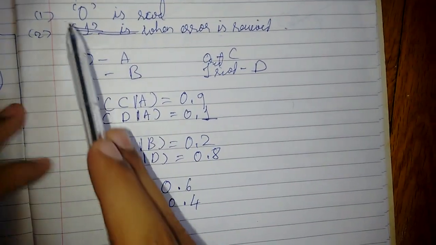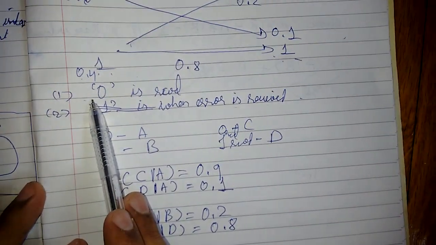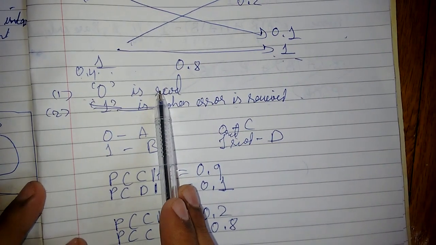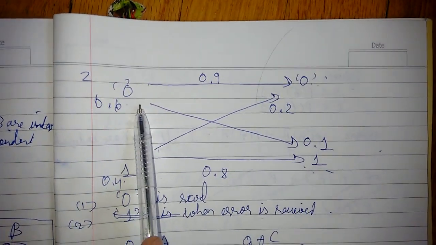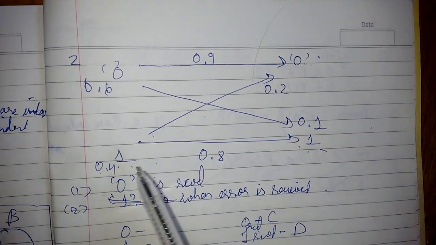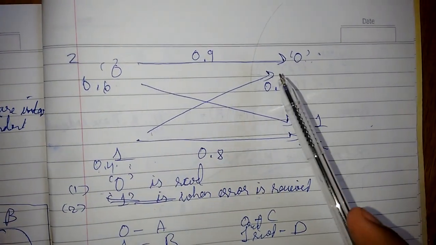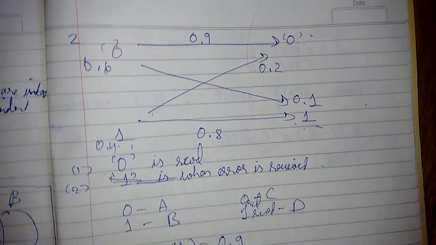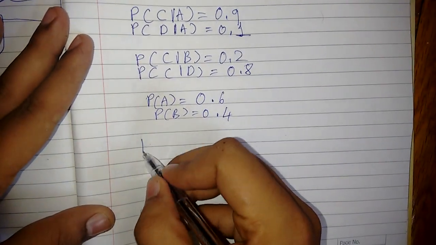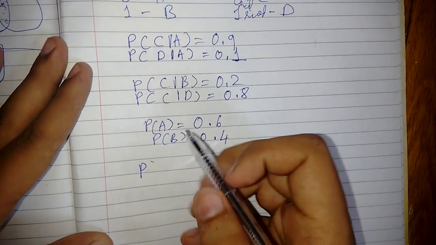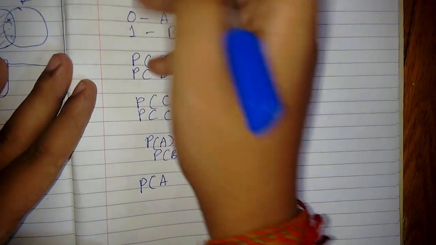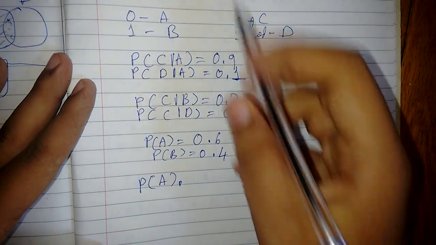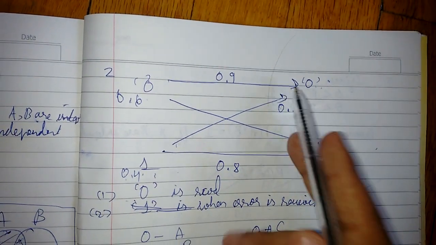So the first question is, we need to find out whenever 0 is received. So 0 will be received in two cases. The first one is when a 0 is sent and a 0 is received, and when 1 is sent and 0 is received. Using conditional probability, we can write first the probability if 0 is sent into the probability when 0 is received.